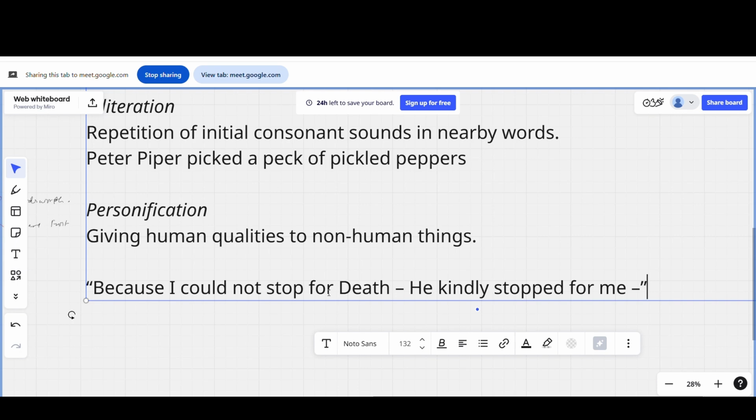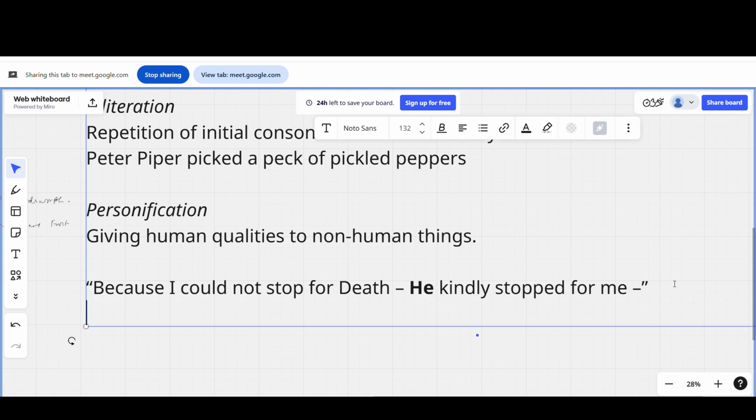Death is not a living thing, but she is speaking as if it is a person that will take her life away. So the author is treating it as a human or an object that has consciousness, right? Because I could not stop for Death, he kindly stopped for me. So it is referred to as he, right? So this is an example.